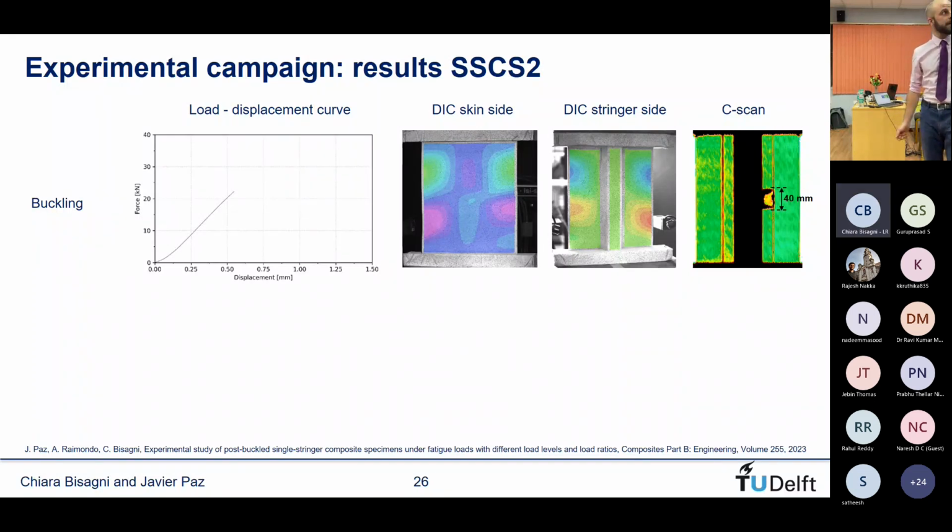This is the view from the skin side. However, from the stringer side, so far we don't see it. With the C-scan, green corresponds to intact material. The black that we see in between is not damage, it's the stringer.